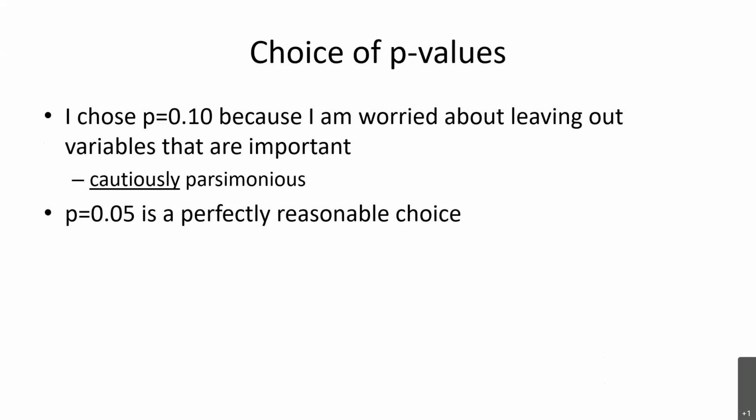I don't want to be too aggressive. And in order to be not too aggressive, I decided to back off of my 5%. And I'm saying, if you are significant at 10%, I will include you just in case, by random chance, you didn't quite get the significance level you deserved, but you're still important. All right. Now, after having said all of this, if you choose 5% instead, that's a perfectly reasonable choice also. Okay, that ends this segment.